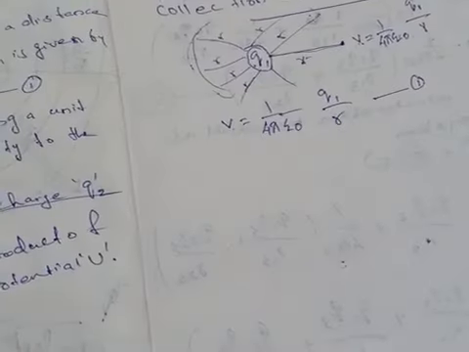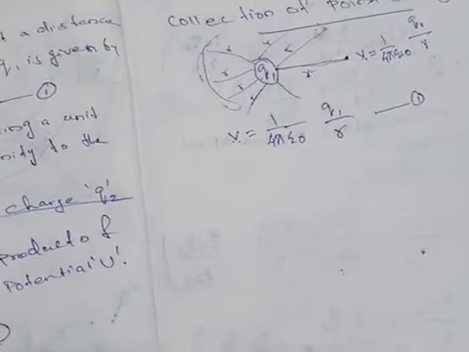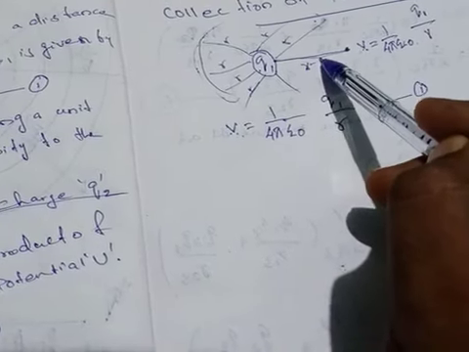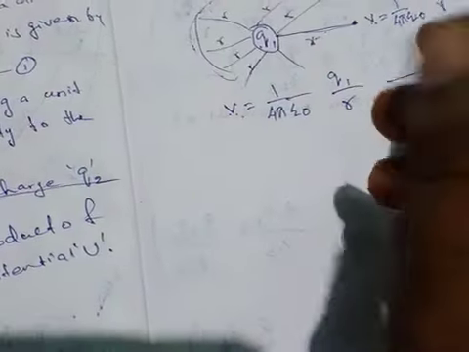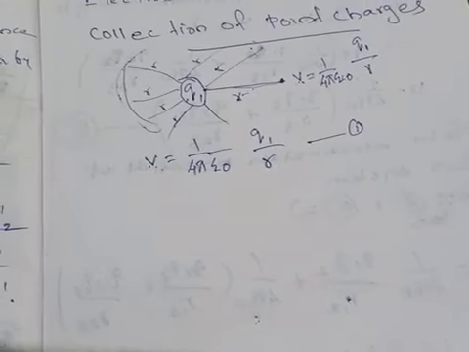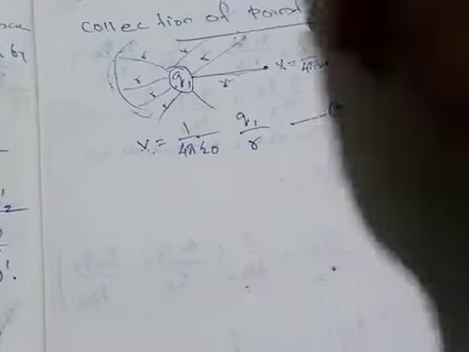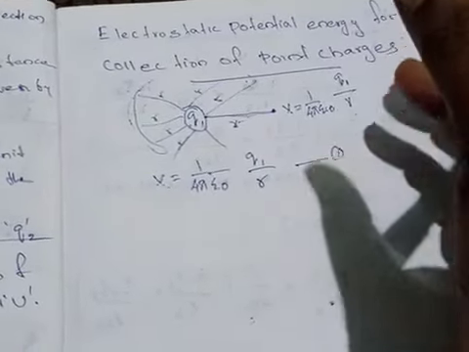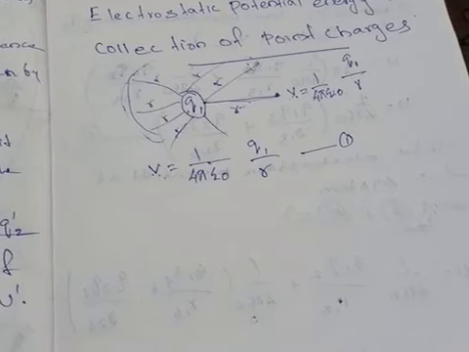Now see this potential at this point at a distance r. This potential is used to bring a positive unit charge from infinity, and for that some work is done.